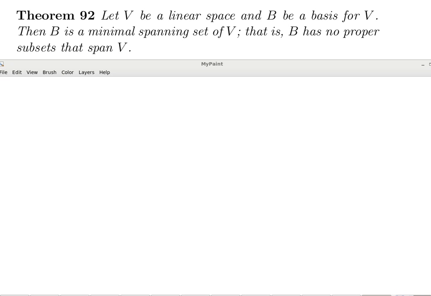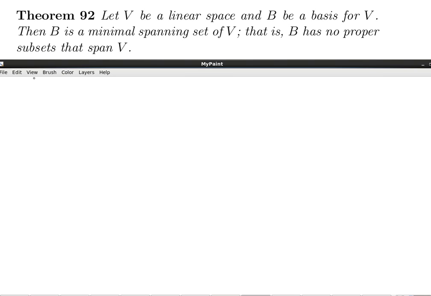Suppose you have a basis. I'm going to show that you can't throw out any of the elements. All elements are necessary if you want to span V. I'm going to give names to the elements: B1 up to Bn, suppose there are n of them.